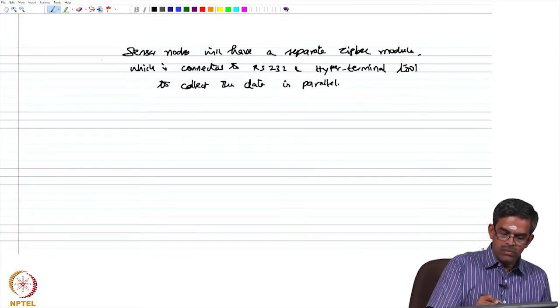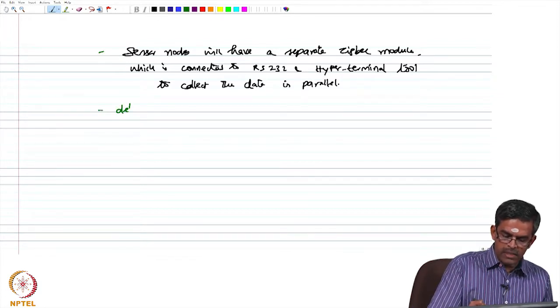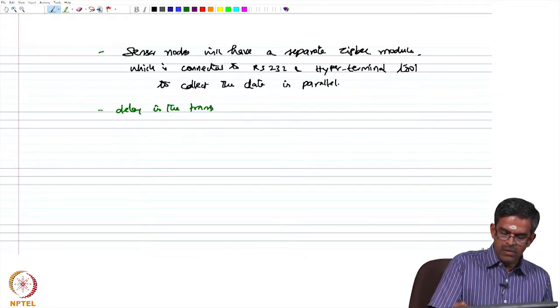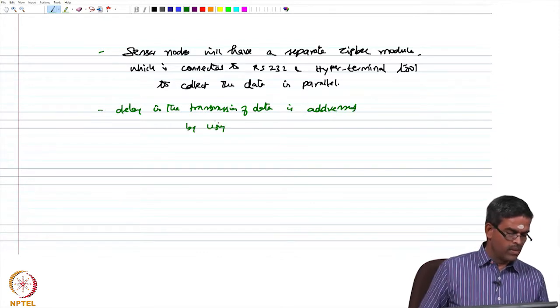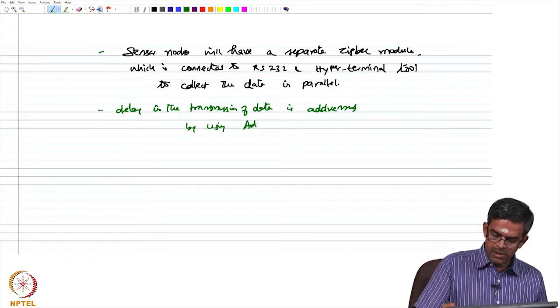So, now the delay in the transmission of data is addressed by using an advanced transmission protocol.